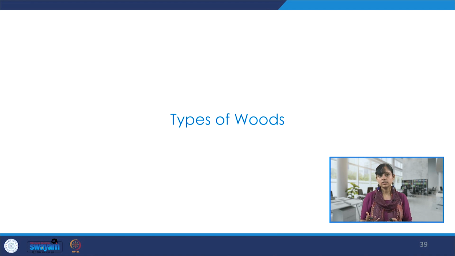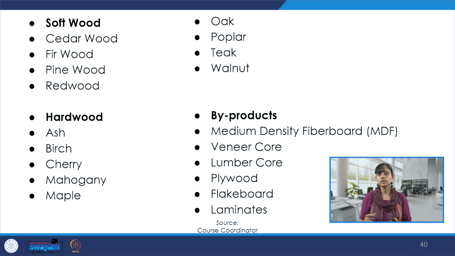The types of woods that we broadly started this discussion with, focusing on the hardwood and softwood, we are now going to talk a bit about these different kinds of woods. So when we talk about softwood, we see examples like cedar, fir, pine, redwood. And when we talk about the family of hardwoods, very popular and very commonly found in the market and seen in the applications during interior design projects and their execution are ash wood, birch wood, mahogany, cherry, maple.